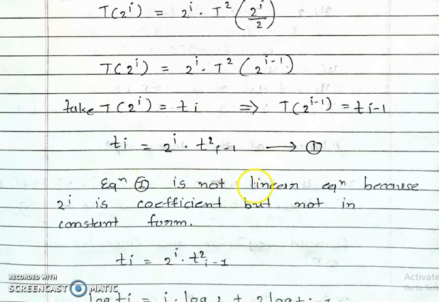Equation 1 is not a linear equation because 2^i is a coefficient but not in a constant form. So this equation is a non-linear homogeneous equation. Then convert this equation into log form.